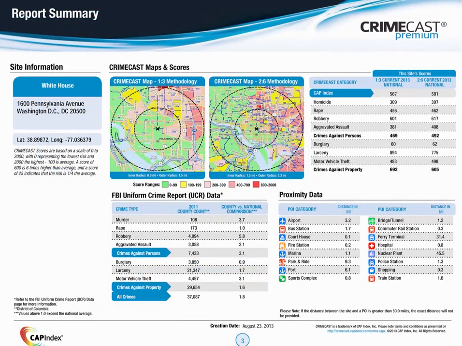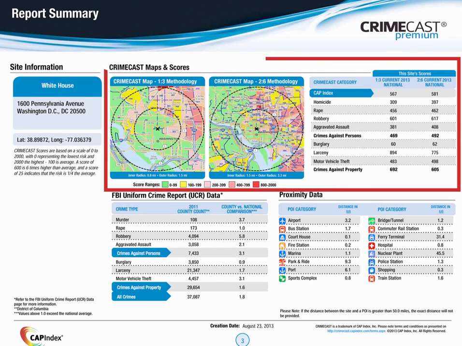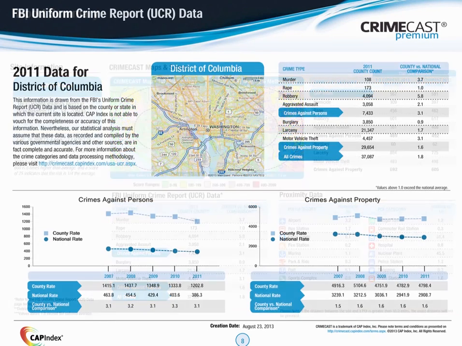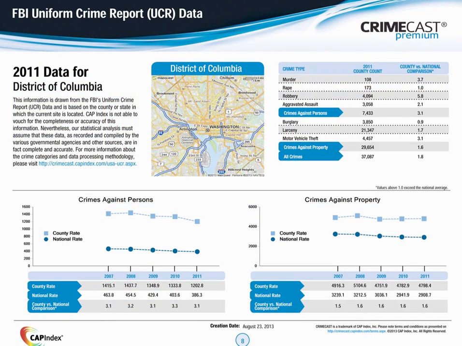If you ordered a premium report, in addition to the unique report summary page including both 1-3 and 2-6 methodologies, there are 2 more sections providing information not found in the basic report. First is a presentation of data from the FBI Uniform Crime Reports for the county or state in which the site is located.